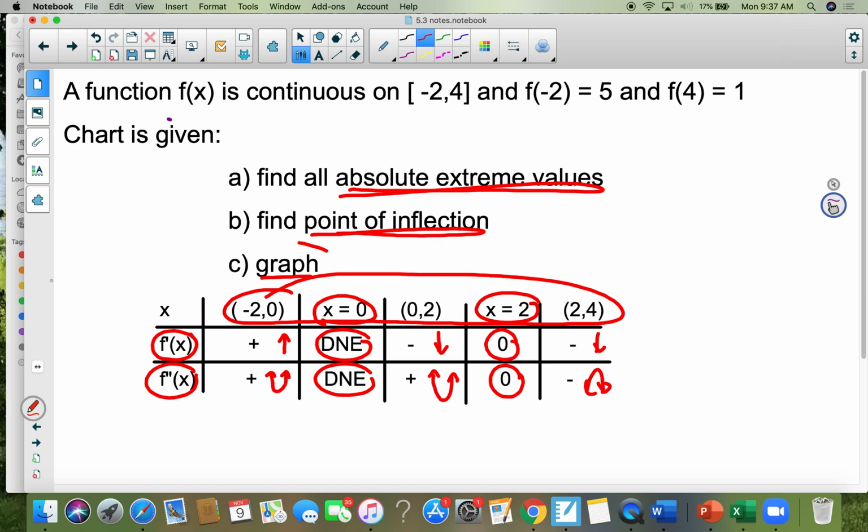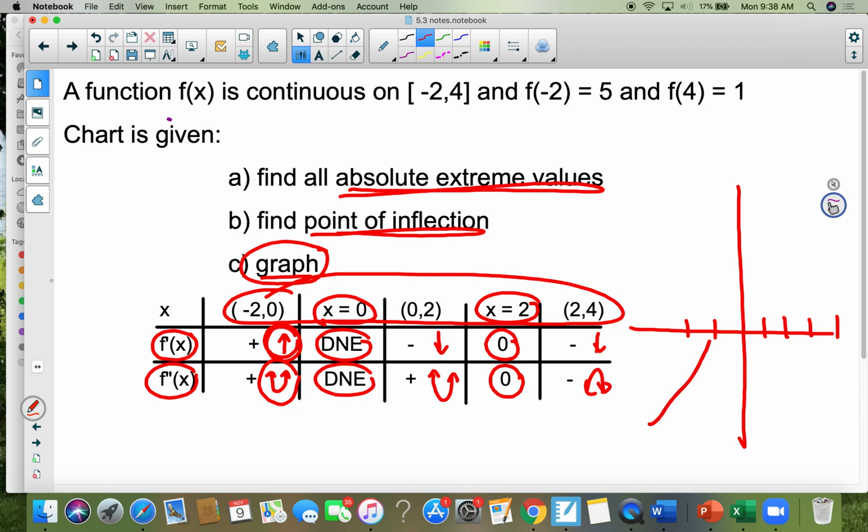So what I'm going to do first is graph this. So from negative 2 to 0, and then 0 to 2, and then to 4. So I'm just going to put that up there. From negative 2 to 0, I know my graph is increasing, and I know it's concave up.